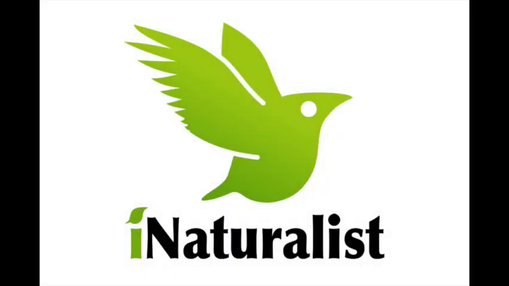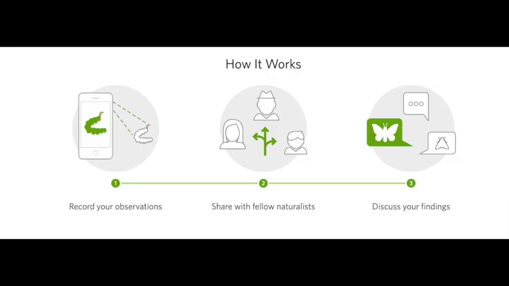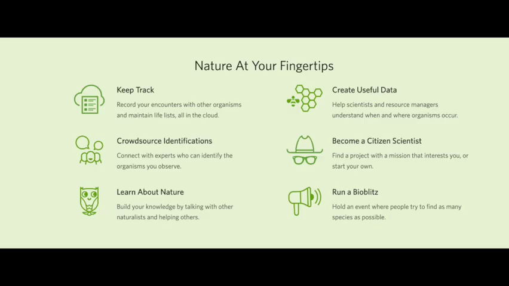The 2 apps I'm going to demonstrate are Seek and iNaturalist. iNaturalist started as a master's final project of 3 students at UC Berkeley in 2008. In 2023, iNaturalist became an independent nonprofit organization. The iNaturalist app helps you identify the plants and animals all around you while collecting data for science and conservation.